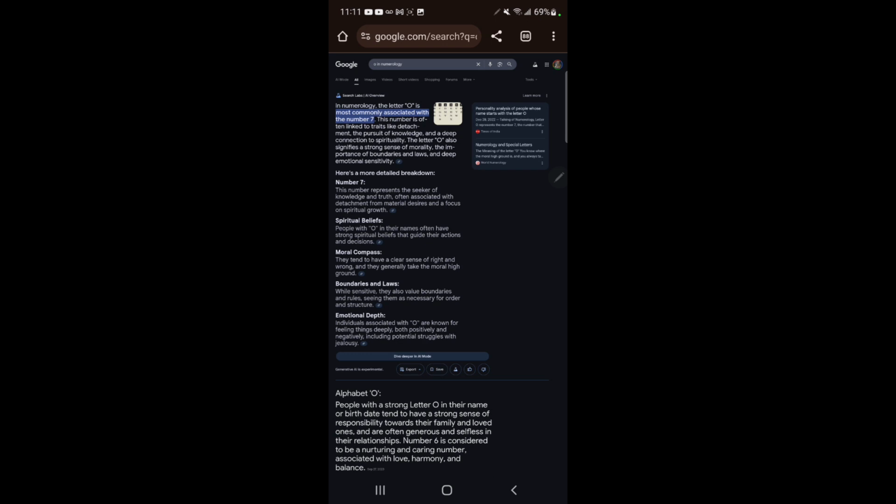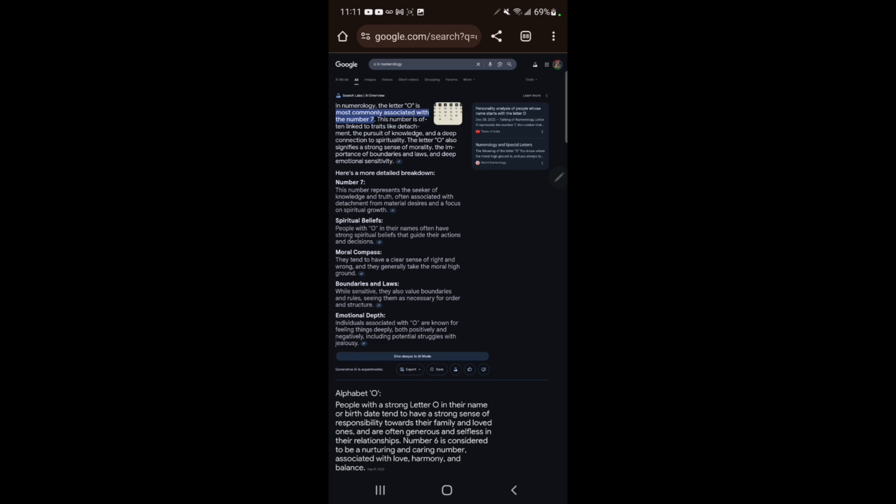So this number is linked to traits of detachment, pursuit of knowledge, and deep connection. So to break down that number 7, it represents a seeker of knowledge. People with O in their name or in their birth date often have spiritual beliefs.